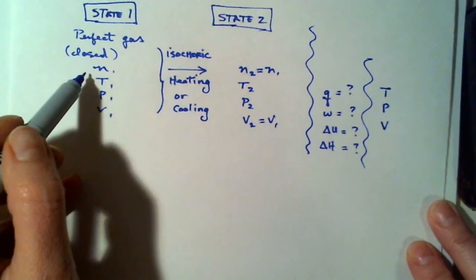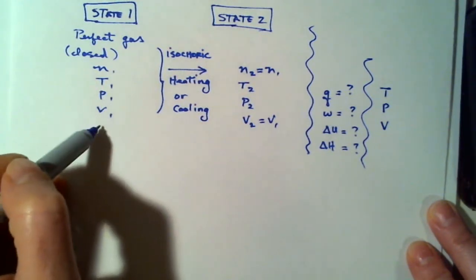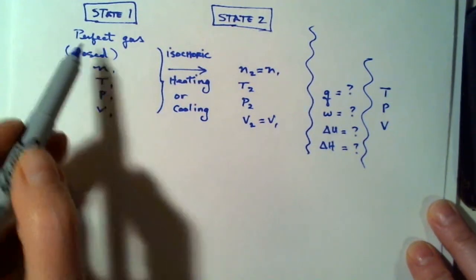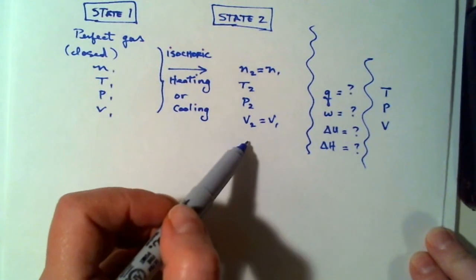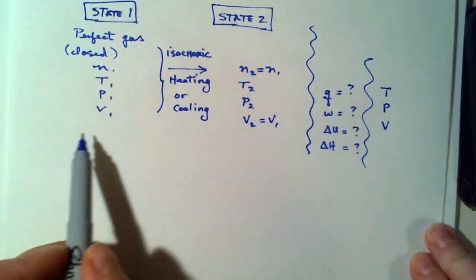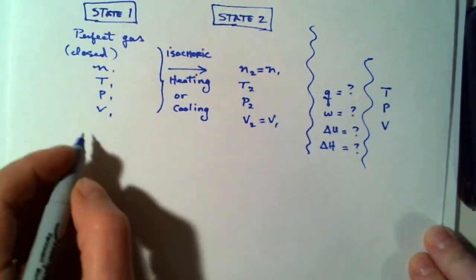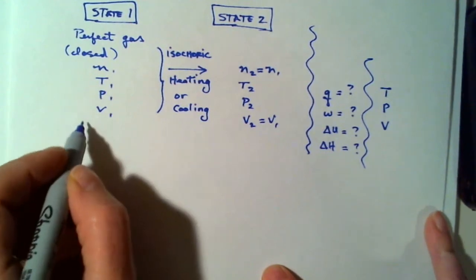If we had any three of these properties, we could use PV = nRT to get the fourth, because this is a perfect gas. And the same thing would be true for the second state here. And because this is a change of state, I'll write it right close to the given.